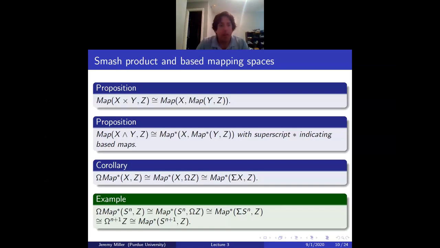It says that loops on the space of maps from Sn into Z is the same thing as maps from Sn into loop Z, which is the same thing as maps from the suspension of Sn into Z. And the suspension of Sn is just S n plus 1, so that's the same thing as maps from S n plus 1 into Z, which is the same thing as loops n plus 1 Z. Okay, I don't know what the point is. The point is, there's a lot of ways of writing the same thing.